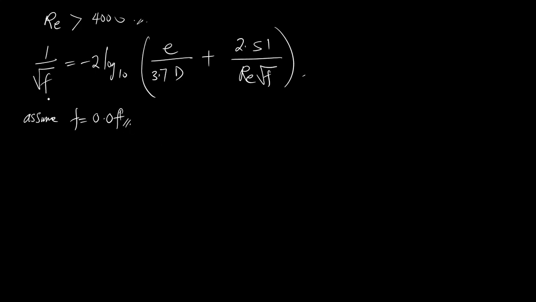Now what we get, we will solve for the F in the left hand side. If what we get is equal to this, then we have come to the end of the iteration, because this will be an iteration method.